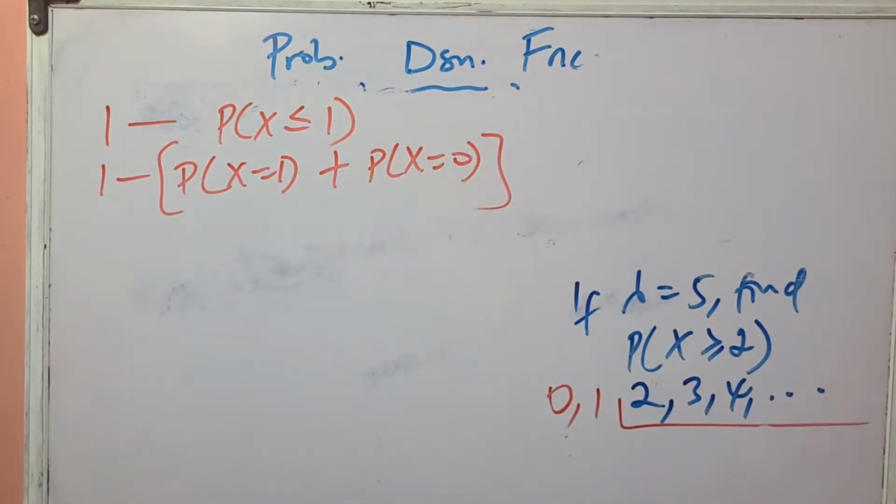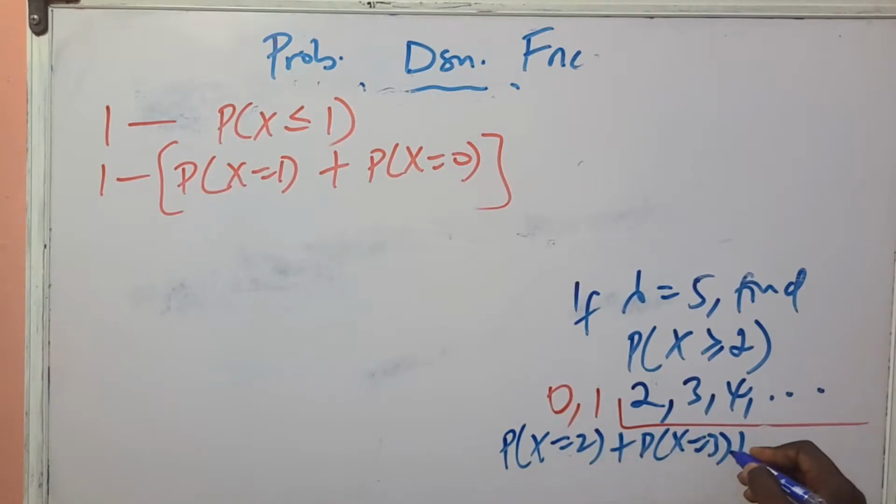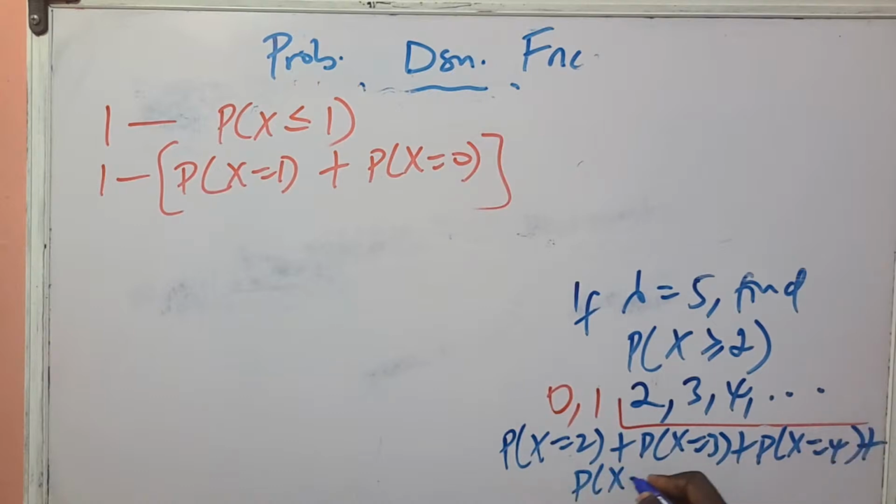So look at it. Normally, if you didn't do it this way, you would have to be saying the probability of when x was equal to 2 plus the probability of when x was equal to 3 plus the probability of when x was equal to 4 plus the probability of when x was equal to 5. Where are you going to stop? So instead of solving all this, use the concept of complementary events, that two complementary events add up to 1.